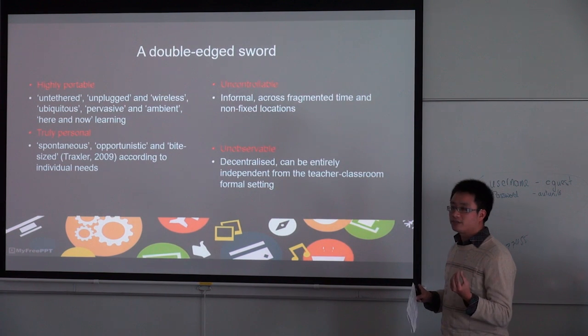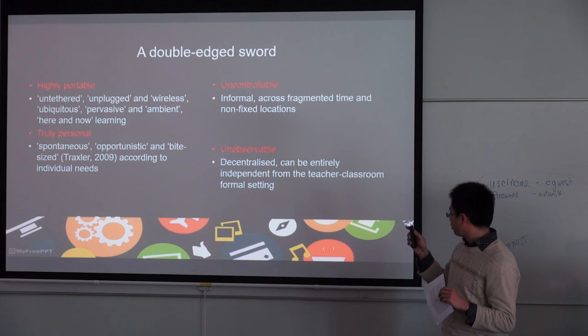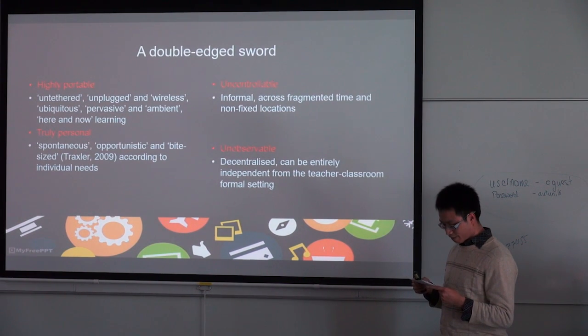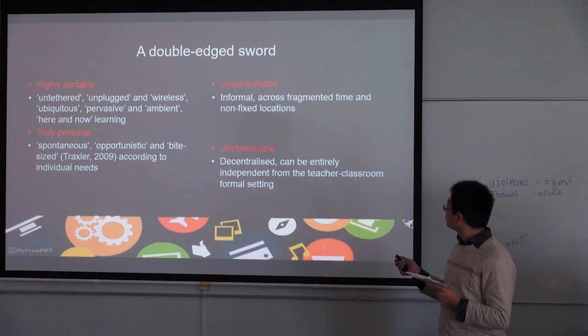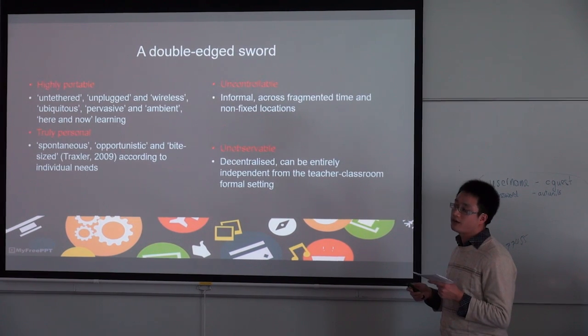To a teacher in a traditional setting, the process of mobile learning is largely uncontrollable and unobservable. This leads to a very big concern: how can we observe mobile learning, and further, how can we evaluate it?